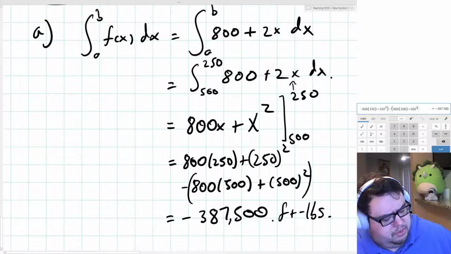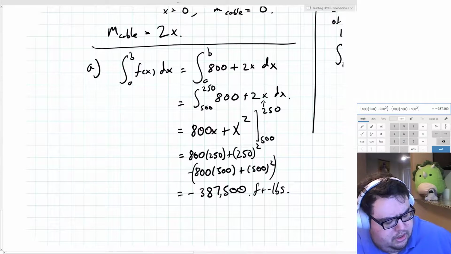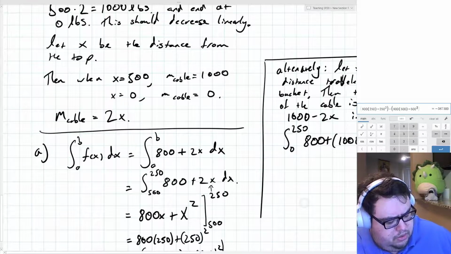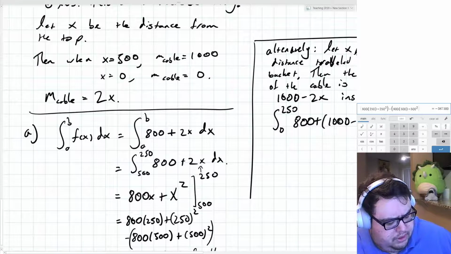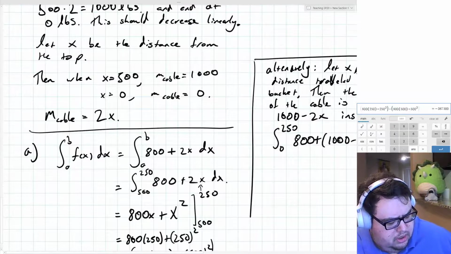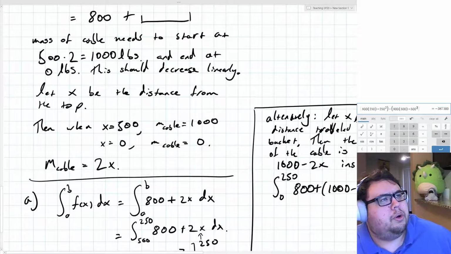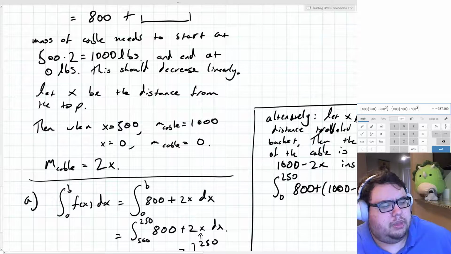That should have been a positive number. Let me think about my parameterization for a second. It is the distance from the top. So we do want to be going from 500 to 250. No, it would mean that the work is done in the opposite direction. Work is a vector quantity because distance is a vector quantity.